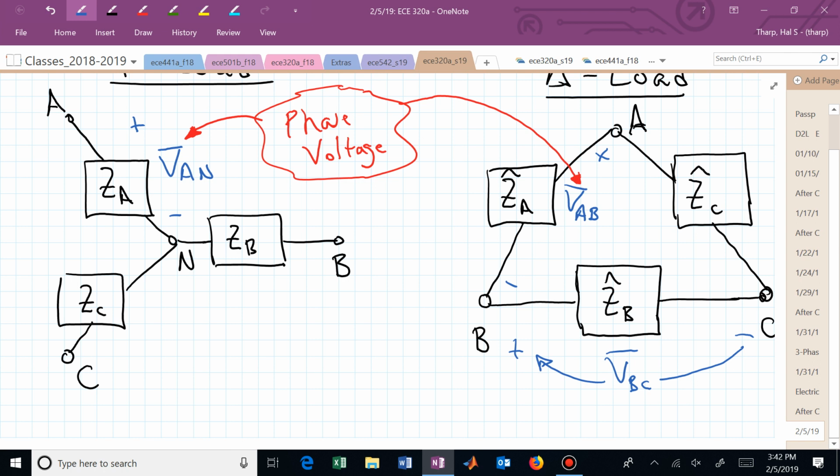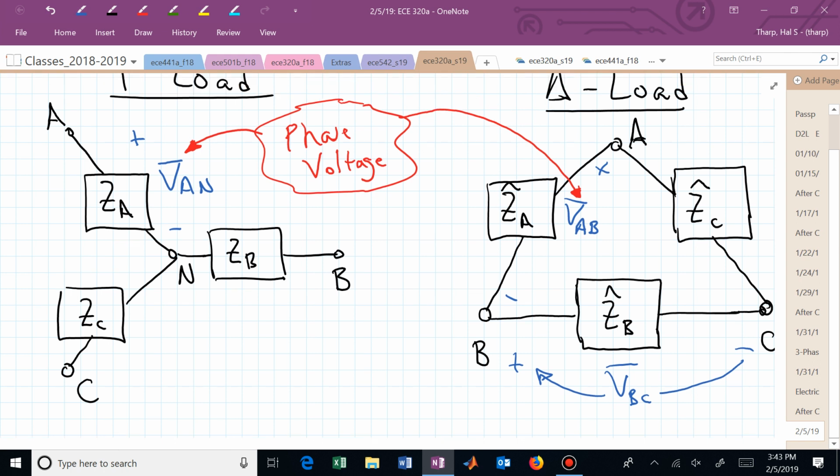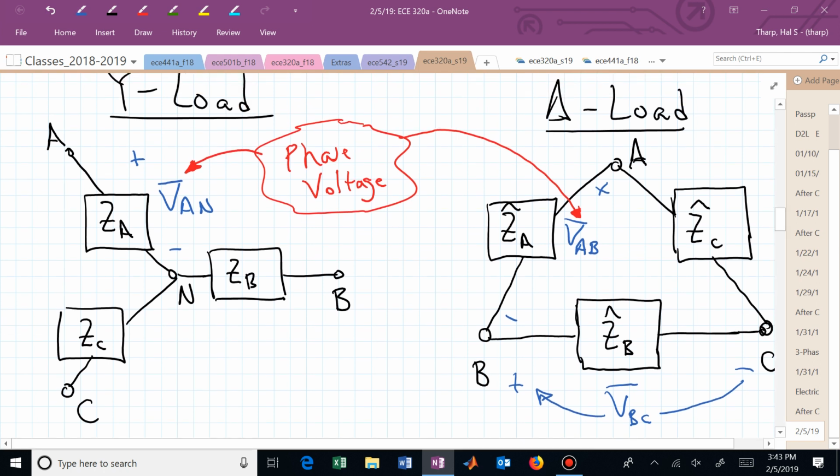Yes? Reiterate, so for the Y load, it's just across the impedance, and for the delta load it's from line to line? Yes, so the clarification comment was in the delta load, it's from terminal A to terminal B. That's the A phase voltage in a delta connected load.